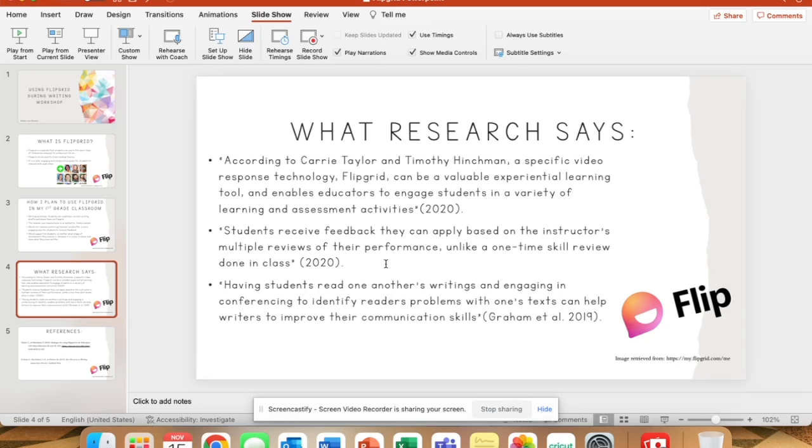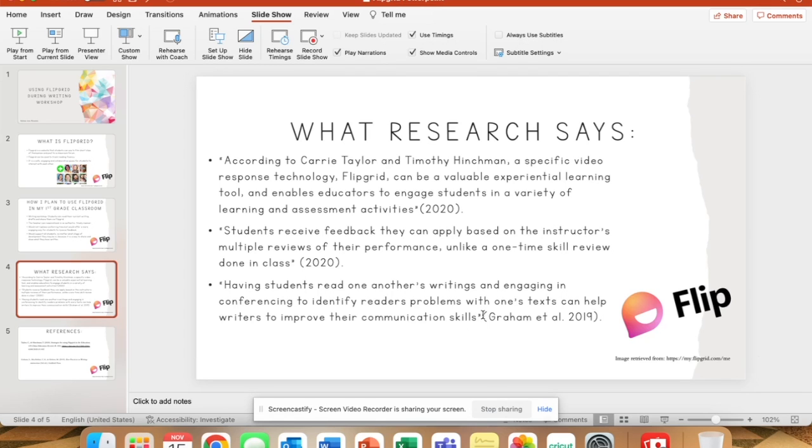But then also, there's the question of why would I use this in a first grade classroom? Why wouldn't I just do this all in person other than for engagement purposes? But having students read one another's writings and engaging in conferencing to identify readers' problems with one's texts can improve their communication skills.